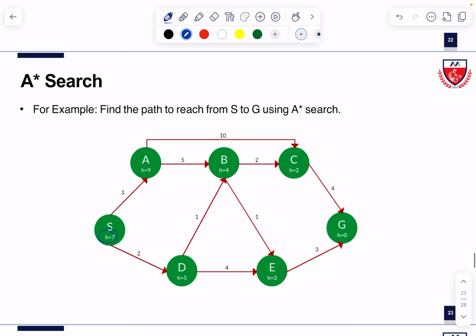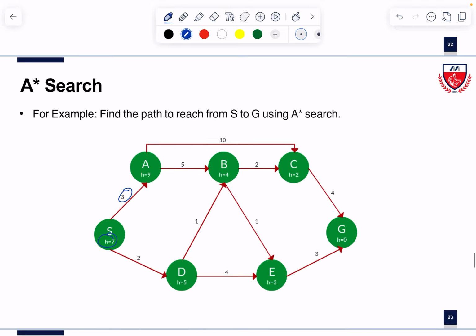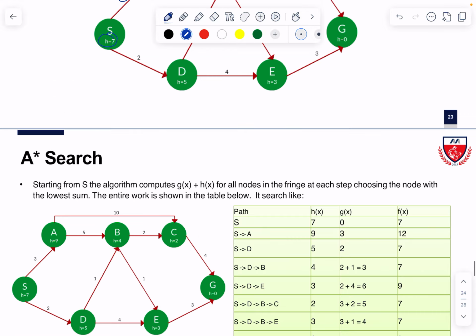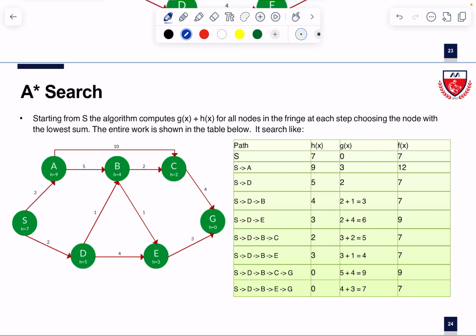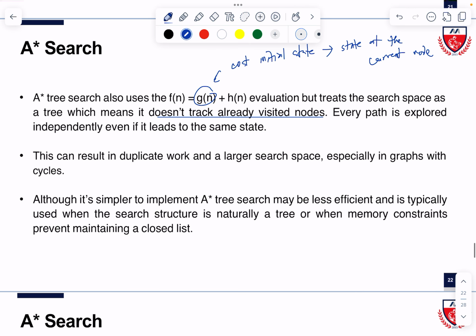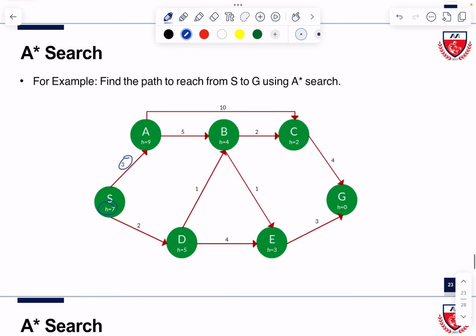For example, the g of n here from S to A is 3. So that is the cost from the initial state to the current node. For example, we start with S here, which has a heuristic cost to the goal of 7. But g of n is 0 since we have not visited any node yet. Like I said, it's the cost from the initial state to the current node.